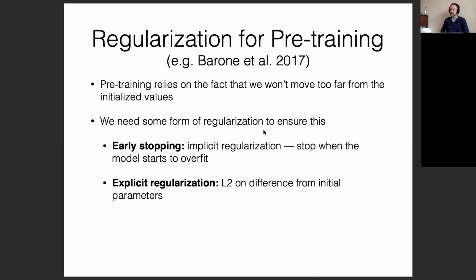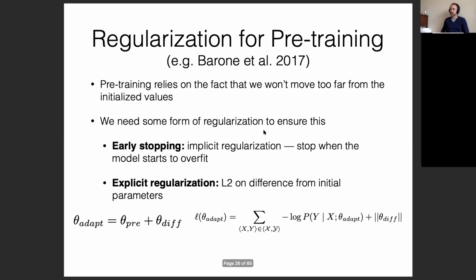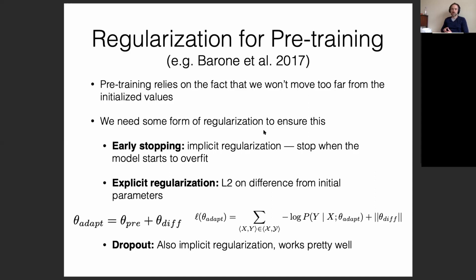The bad thing is that you need to keep a copy of the parameters around so you can calculate this difference in the first place. So you keep the original parameters and the modified parameters around, and this can be costly in memory space. Then finally, you can also do dropout, which is a type of implicit regularization that prevents you from learning the model too strongly.